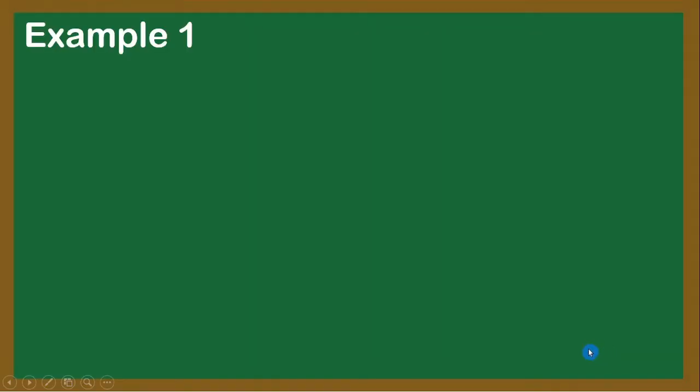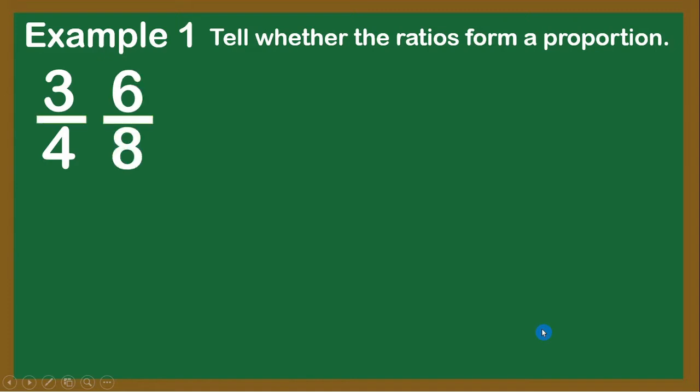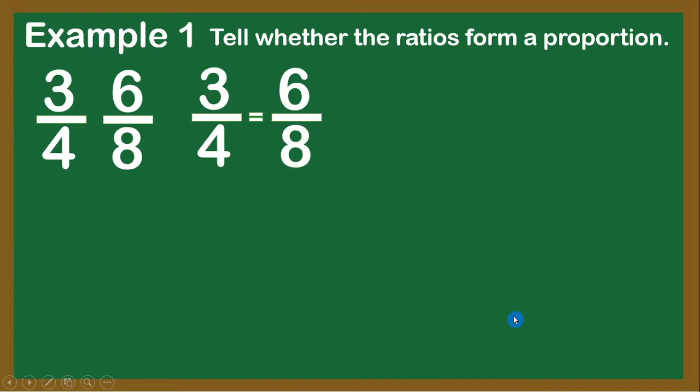Now let us have example number 1. Tell whether the ratios form a proportion. Now let us use 3:4 and 6:8 as our ratios. Writing them into a proportion, 3:4 equals 6:8. Now let us take the cross product of 3 and 8 and the cross product of 6 and 4.